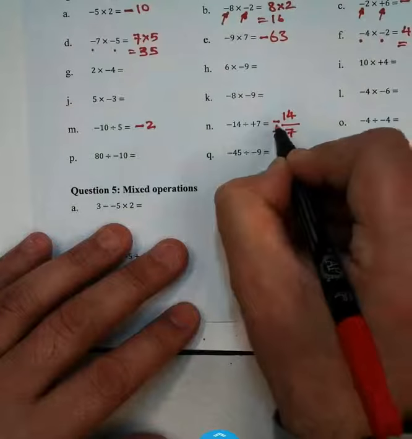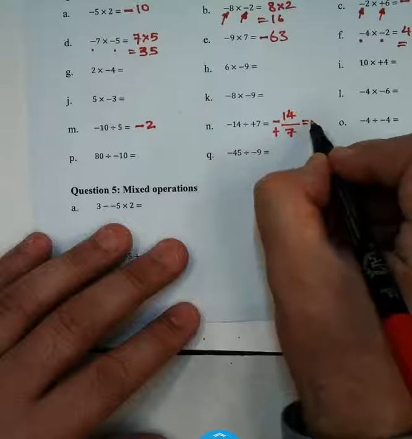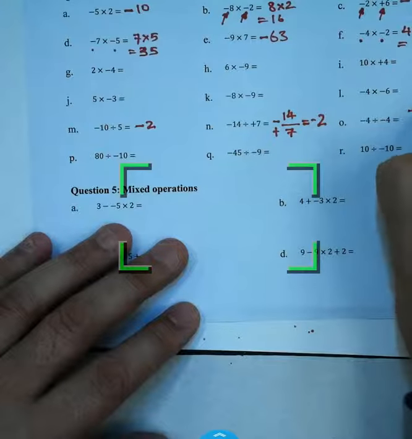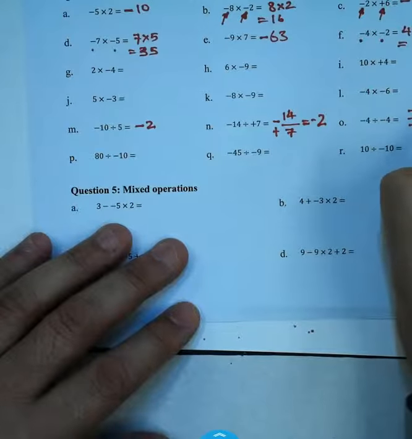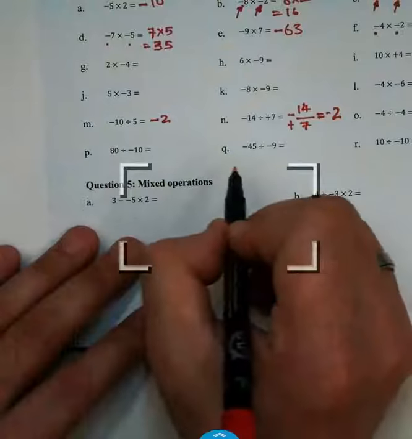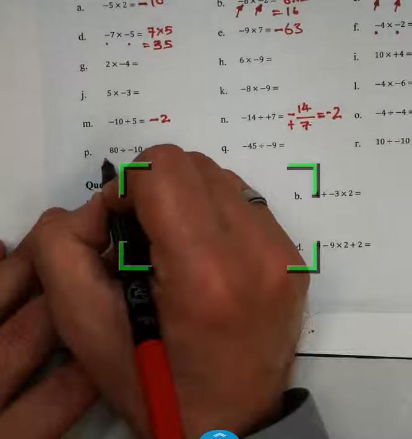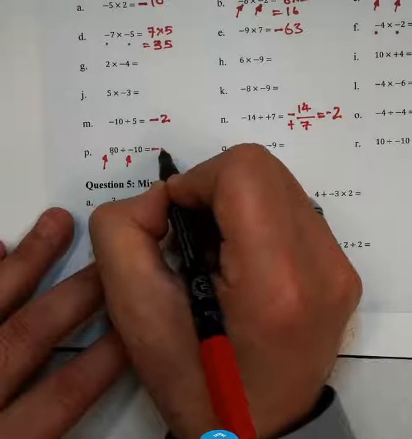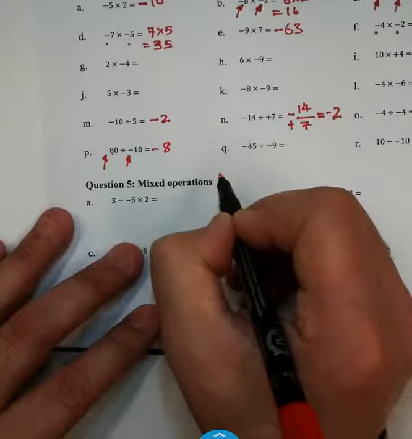Plus 7, so these are opposite, right? So that must be negative, and that would be a 2. Here you have minus 4, 2 minuses give you a positive, so 4 divided by 4 is a 1. And similar, if you go here, it's a plus, and you have a minus. Again, this must be minus. 80 divided by 10 equals 8, etc.